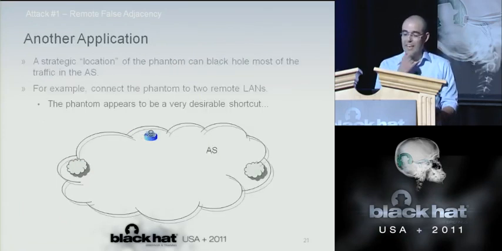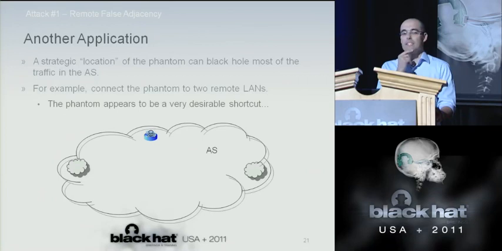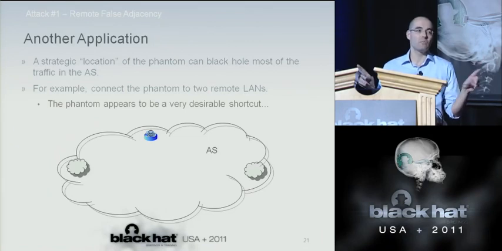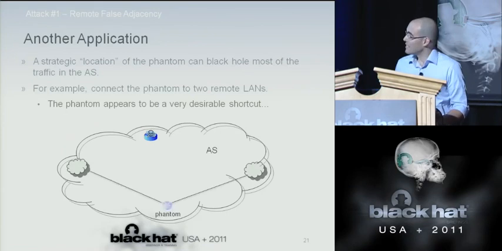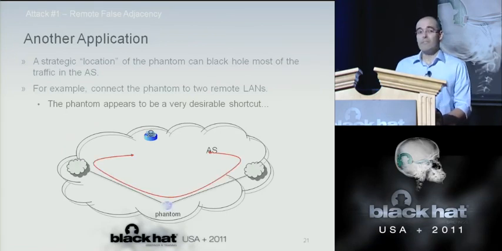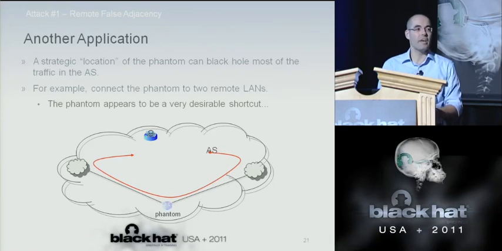Let's see another potential application which is even more powerful. Now, what if we set up a phantom router and connect the same phantom router to two networks which are on opposite sides of the autonomous system, like this. Suddenly, the phantom router looks like a very desirable shortcut in the autonomous system, as if it was a wormhole, and now a lot of traffic will be diverted through it and actually black holed.